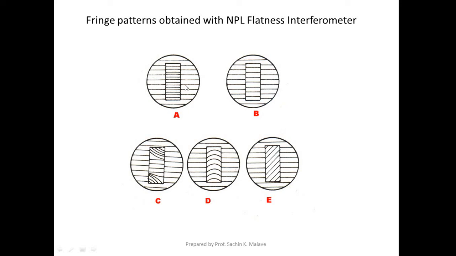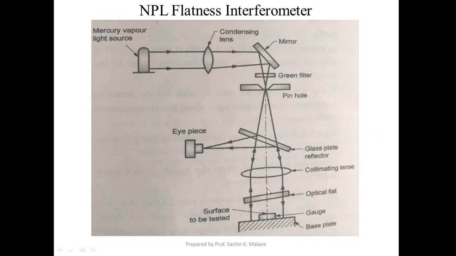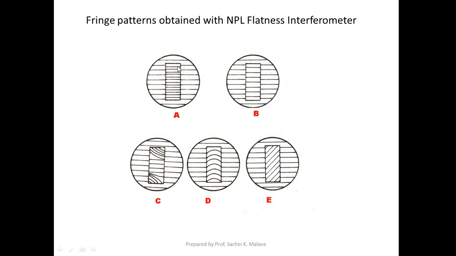The fringe pattern in the circle is because of the air gap between the optical flat and the base plate. There is an air gap between the optical flat and this base plate, and because of this air gap, you are getting this fringe pattern which is shown in the circle. Some horizontal lines are shown.